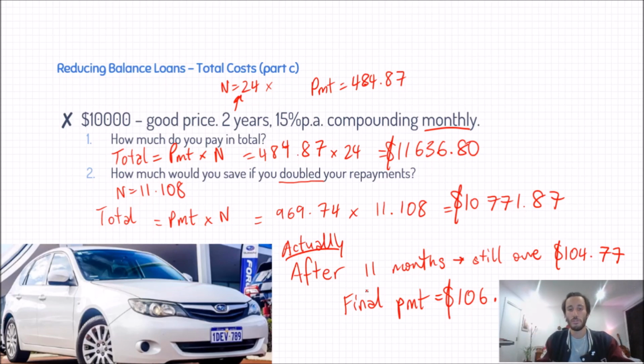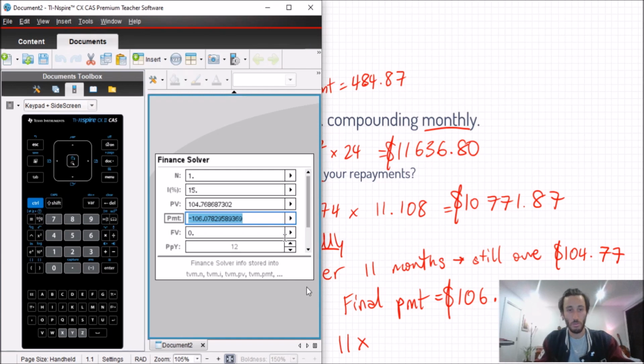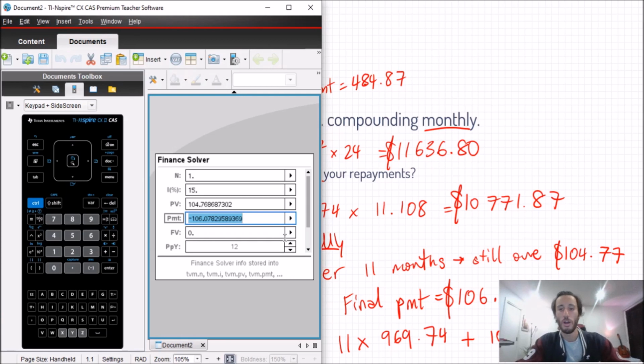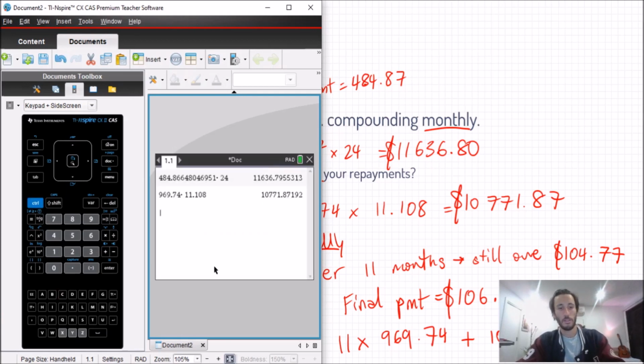Therefore, what we have to do is 11 times our original payment, $969.74, plus one final payment of $106.08 to get the true amount that we paid. Yeah, I know. It's going to be very, very close, but I'd rather be right than be close. It's going to look a bit weird.